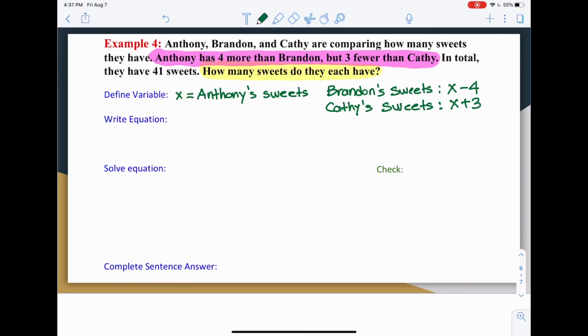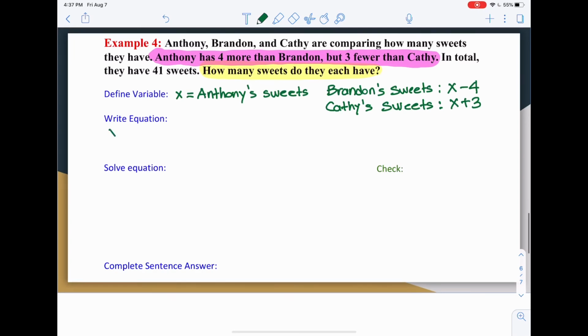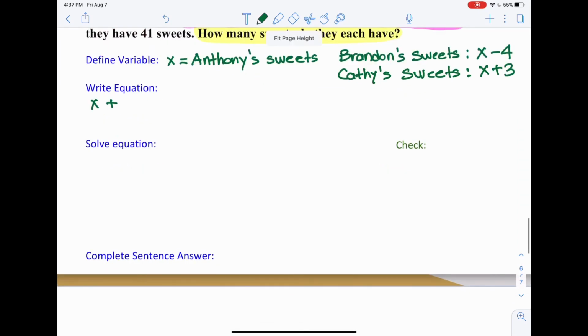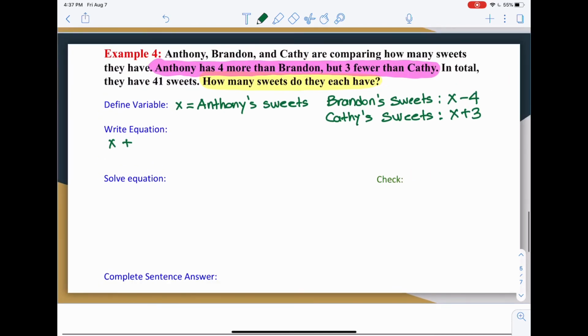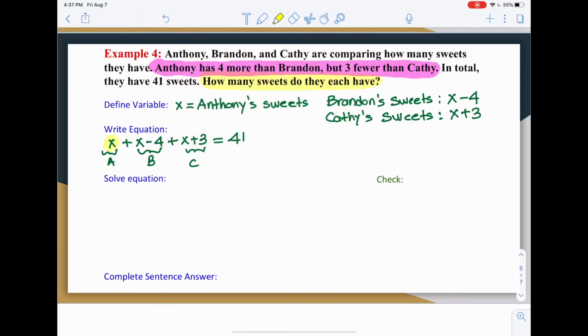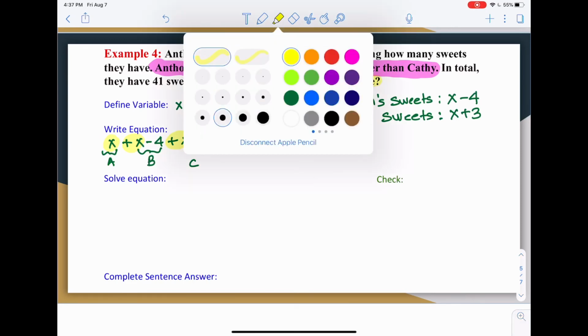Our equation will be, since in total they have 41 sweets, x plus x minus 4 plus x plus 3 is 41. And this stands for Anthony, this is for Brandon, and this is for Kathy. Now let's solve this equation, and we can clearly see like terms, and we also have constant like terms.